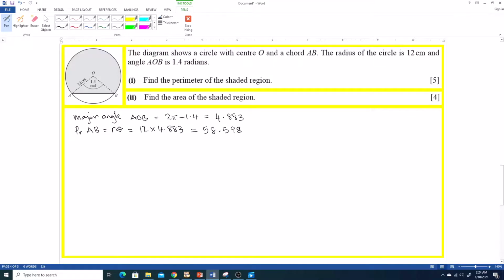and now that's going to give us 58.598. To get the length AB, we need to use the cosine rule. That's the simplest, easiest way, and it gives us the answer in one step. So AB is going to be the square root, and let's use our cosine formula. Our first length is, let me put a bracket there, so 12 squared plus 12 squared minus 2 times 12 times 12 cos 1.4.